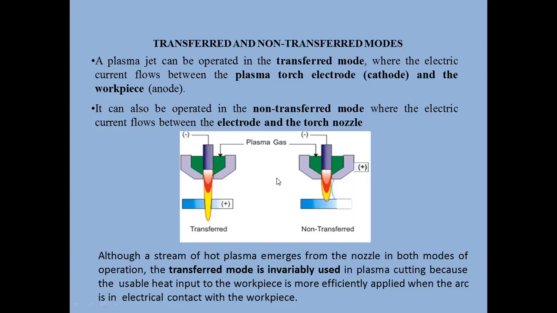We can use both, but generally the workpiece is our basic criterion, where we are going to machine. To efficiently machine, we need to apply high input of heat. That happens through only which mode? Transferred mode. So the transfer mode is used more than the non-transferred mode.